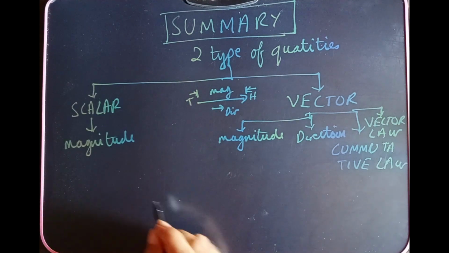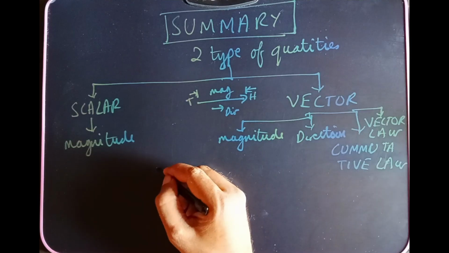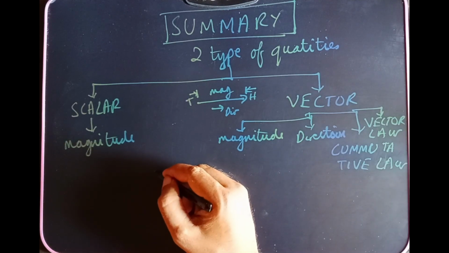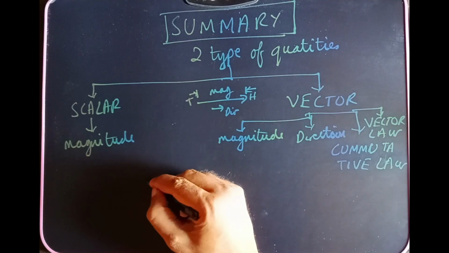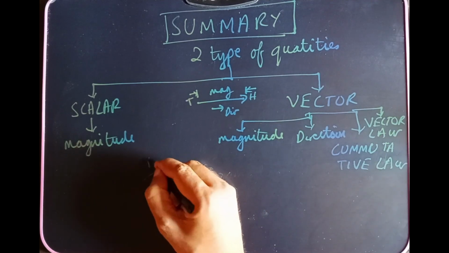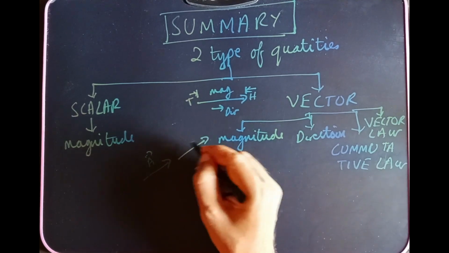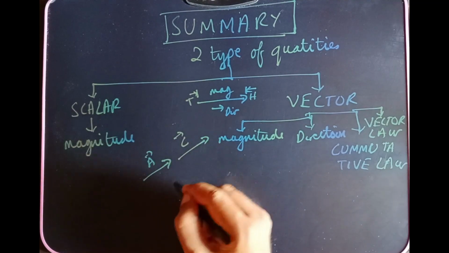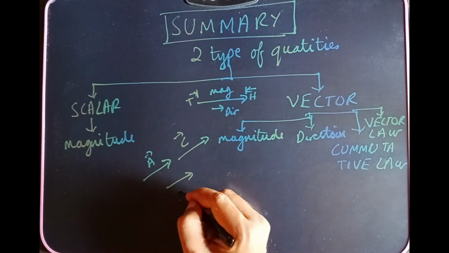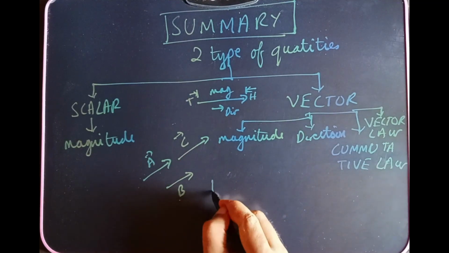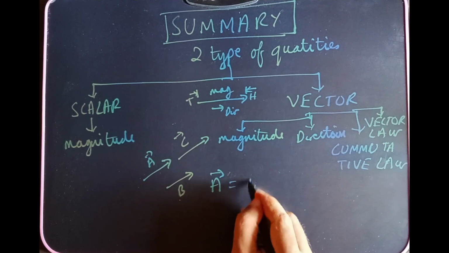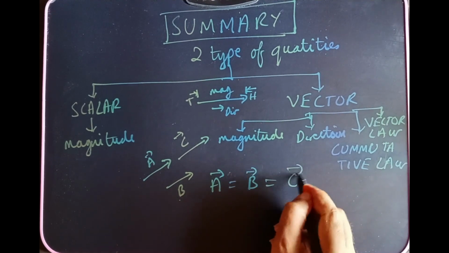Important point is, if the vector is displaced parallel to itself, then the vector remains the same both in magnitude and direction. If you have A, B, C, these are all parallel, and the direction and magnitude is the same here. So vector A is equal to vector B is equal to vector C.